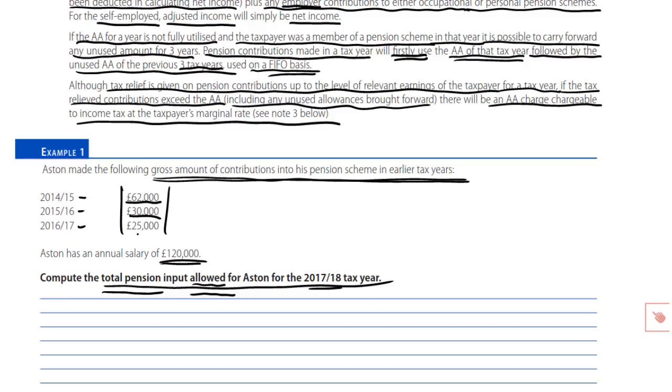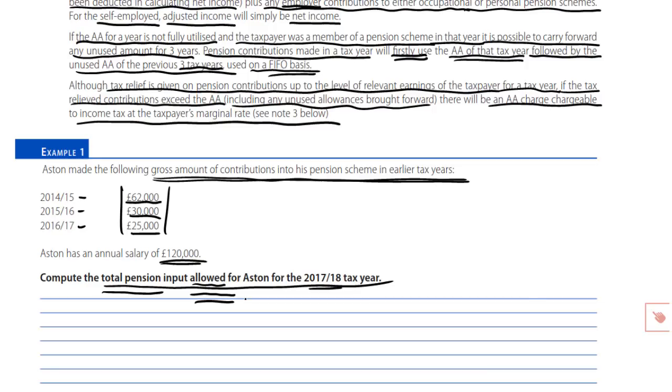But where it's 30, where it's 25, that would create an unused allowance. We've got to work out those figures and add them to the annual allowance of this year of £40,000 to work out what the total pension input allowed for this year would be.